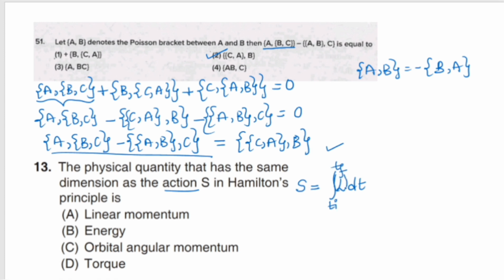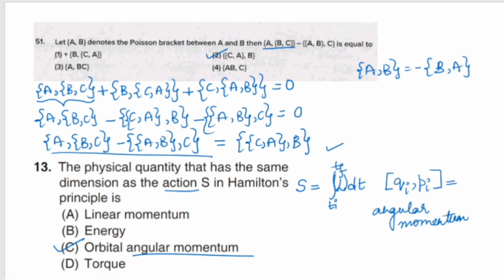So this Lagrangian into dt takes the physical quantity that has the same dimension of orbital angular momentum, or angular momentum we can say. This is nothing but, I can say it as qi comma pi. So it will be the angular momentum that everyone knows. This was a simple question.